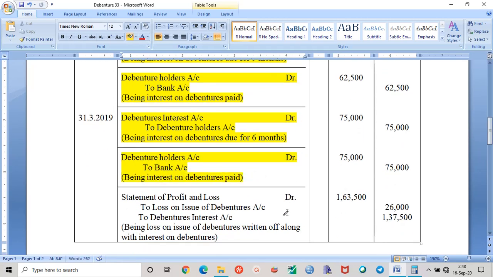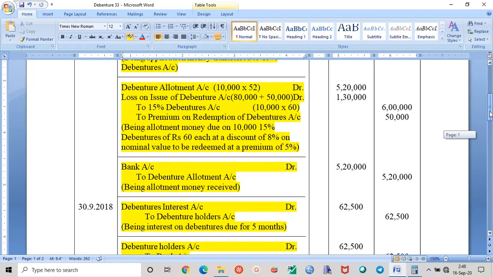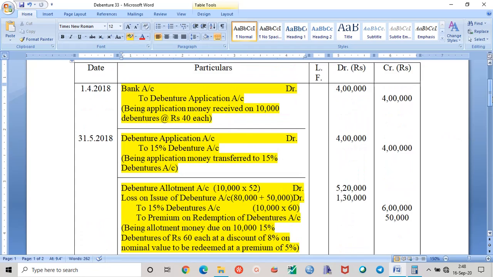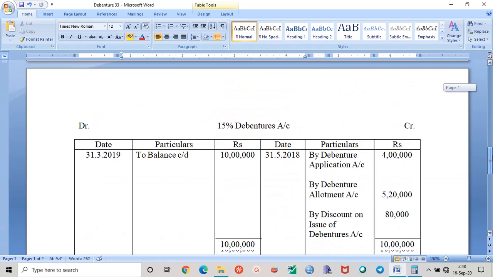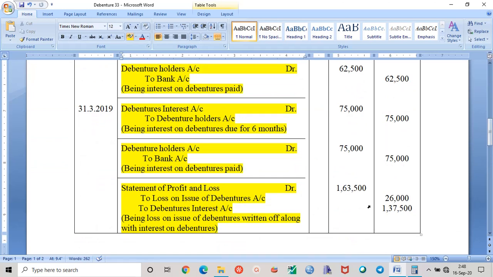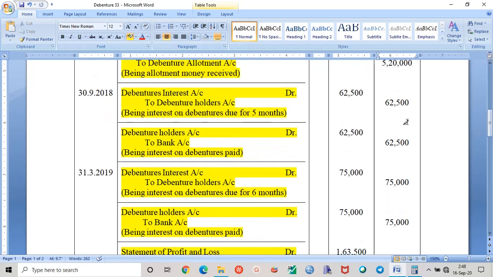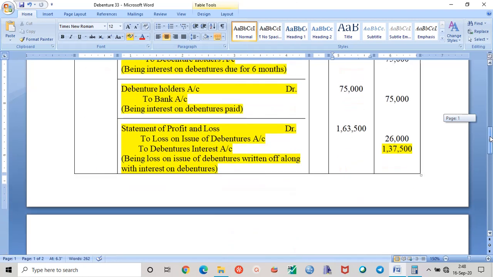At the end of that particular year, the statement of profit and loss will be debited for loss on issue of debenture and debenture interest. Whatever is the interest on debentures for the financial year 2018 to 2019 should be transferred to the statement of profit and loss. So the total is 1,37,500, because 62,500 plus 75,000 will be 1,37,500.